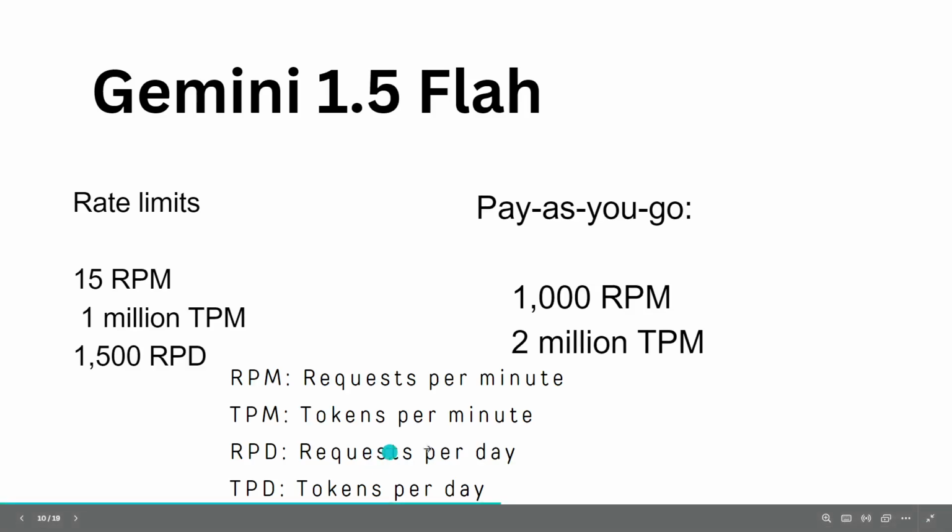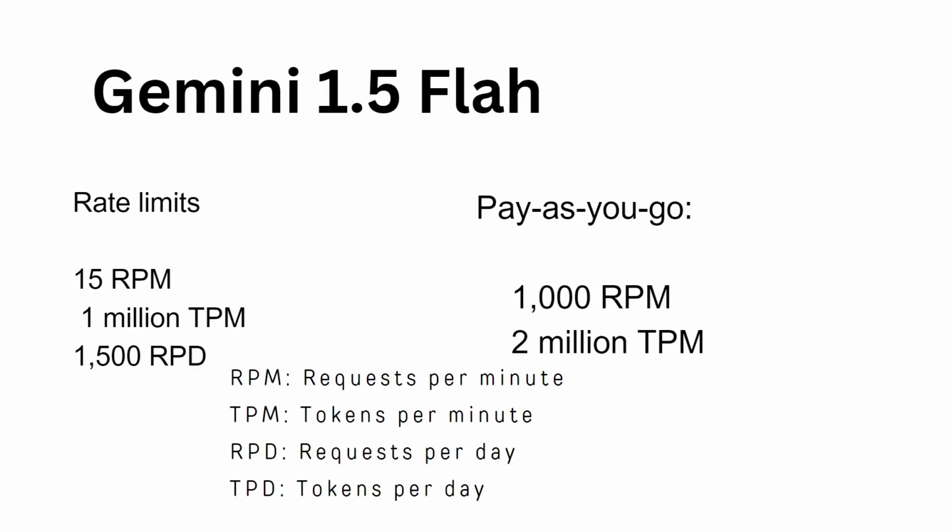If you want more performance, or you are an enterprise-level startup, you can choose pay as you go, where the requests per minute is 1000, compared to only 15 for the free user, and 2 million tokens per minute with pay as you go versus 1 million for free.